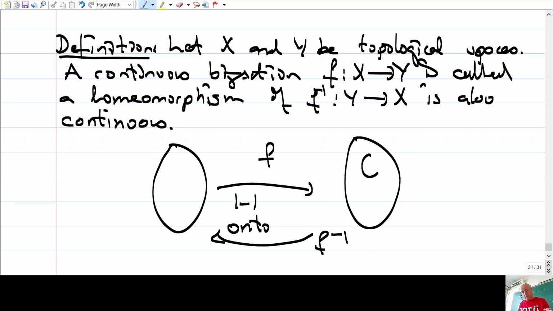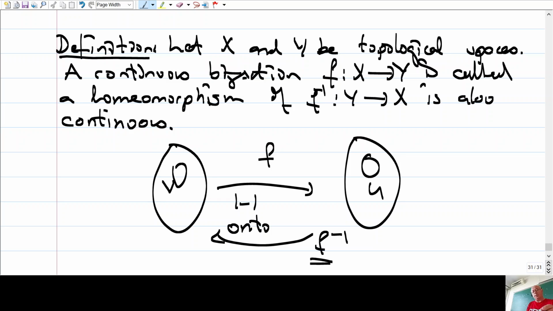This means whenever you have an open set here, its inverse image here is an open set, and whenever you have an open set here, its inverse image is open here, and the inverse image under f inverse is just the image under f, right? So this means not only the sets are the same, actually the topologies are the same.